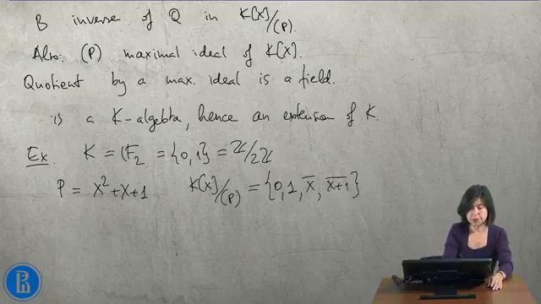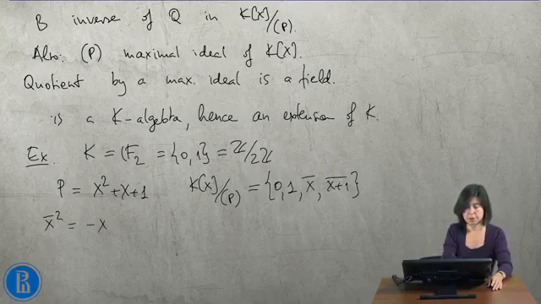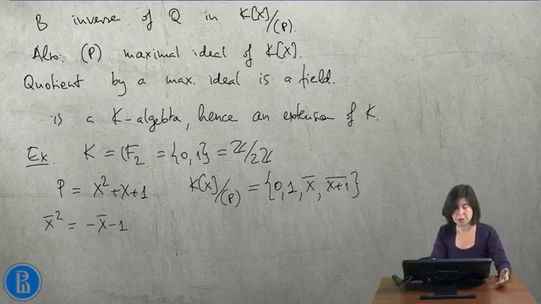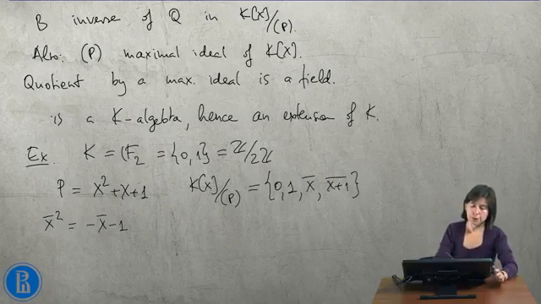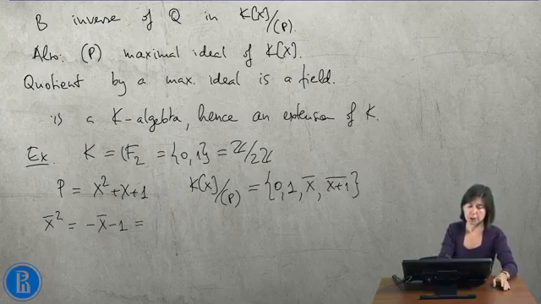And you see that x bar squared is equal to minus x minus 1, since you know that x squared plus x plus 1 is 0 in our field. Well, the characteristic is 2, so minus 1 is the same thing as 1, so it's just x plus 1 bar.